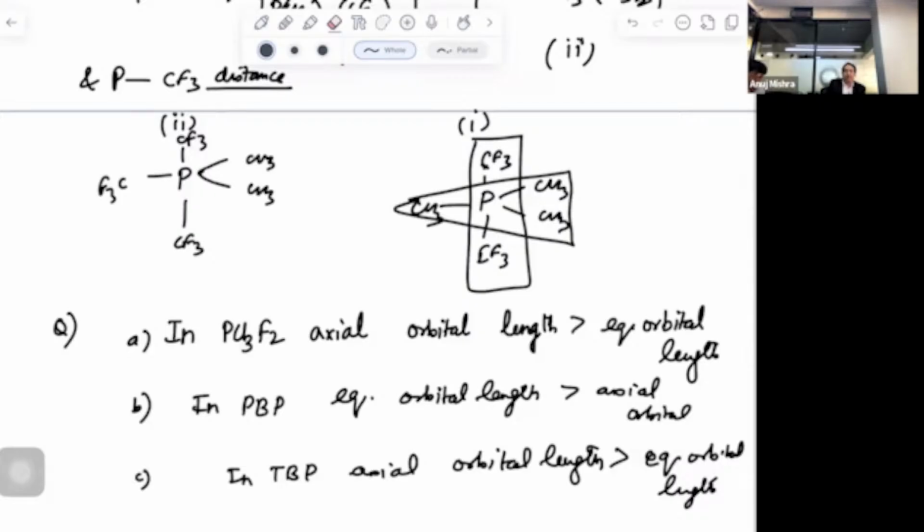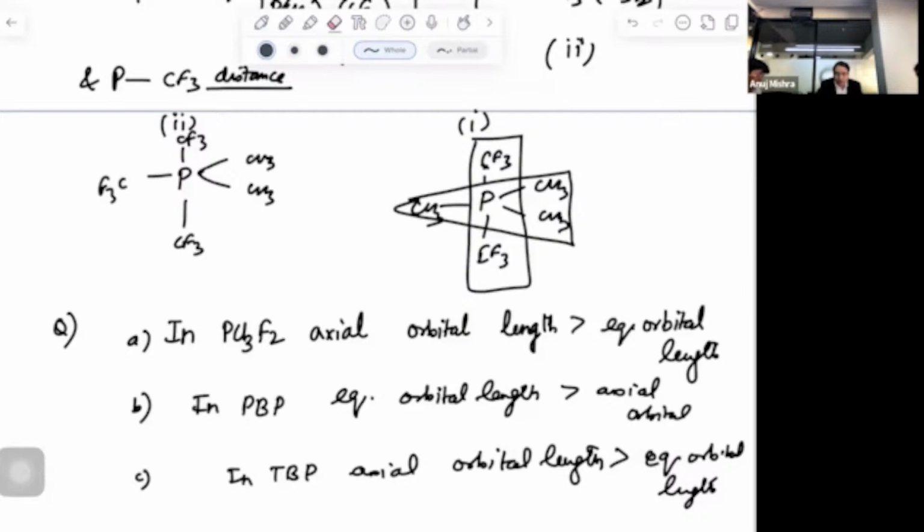First statement is correct. Sham also got A option, B option. Pentagonal bipyramidal, equatorial is more than axial. Now see, equatorial angles are 72 degrees. 360 upon 5, 72 degrees. How will you have a pentagonal bipyramidal shape?